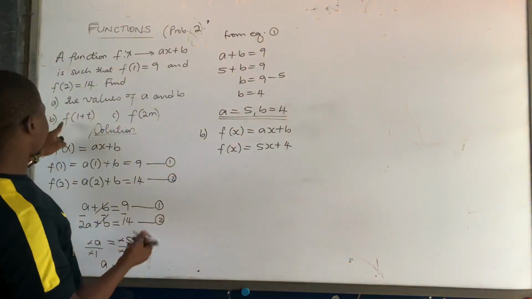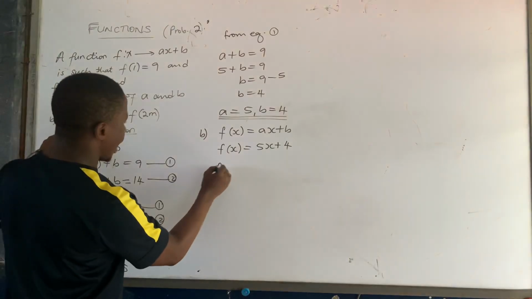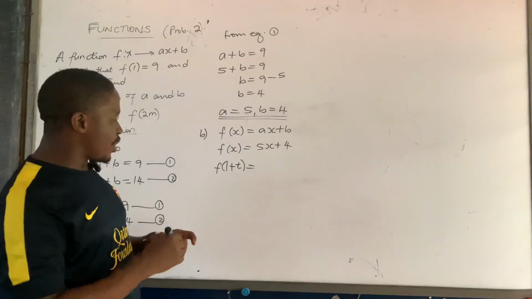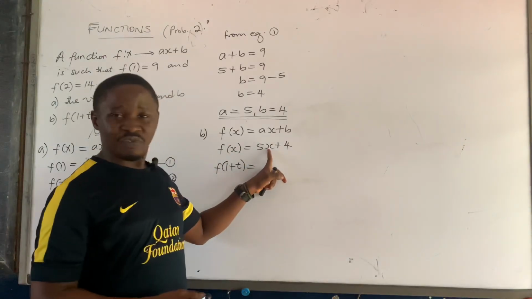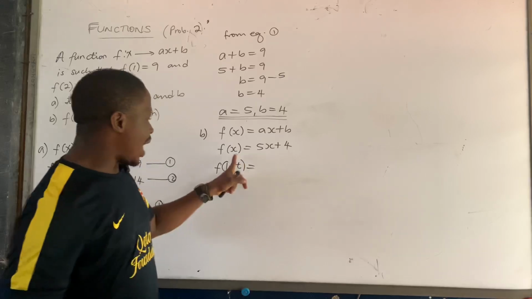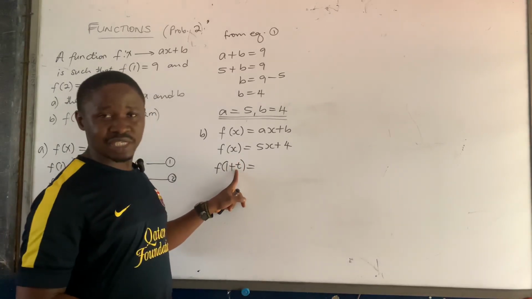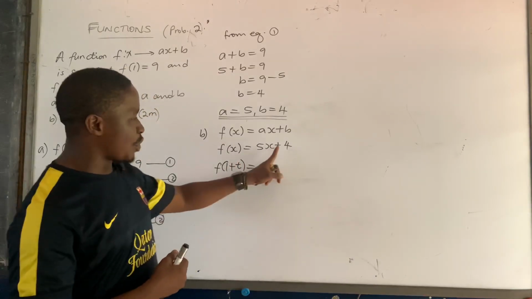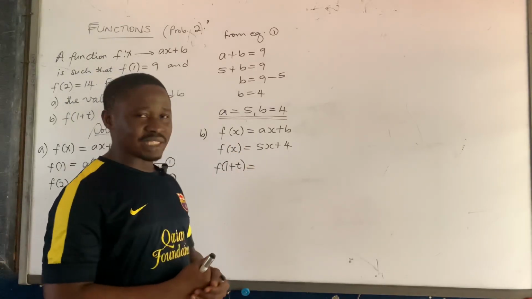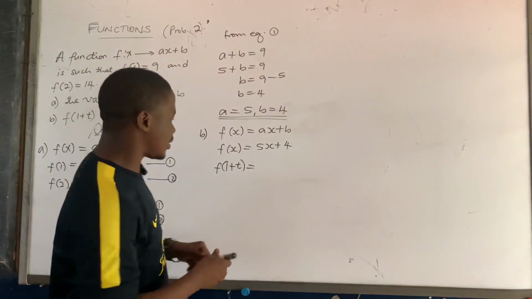Now x changes to 1 plus t, so wherever we see x, we write 1 plus t.